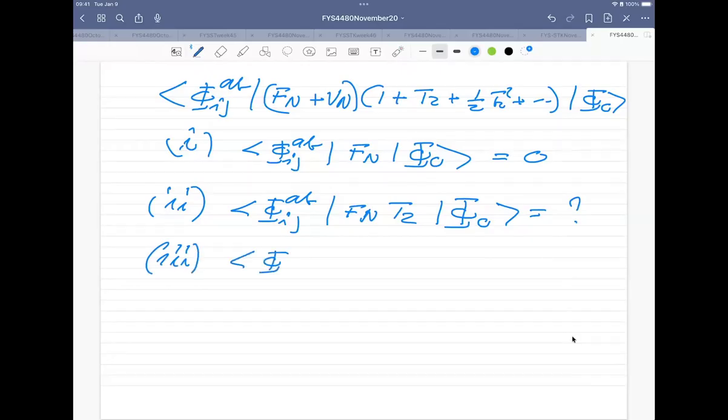So let's take the next one, IJAB. Let me just look at my own cheat sheet here. So we would then have an Fn of T2 squared.